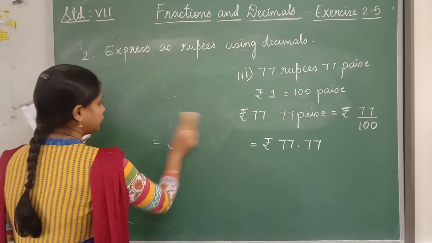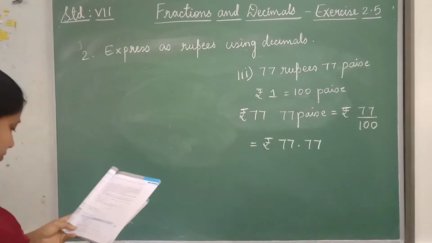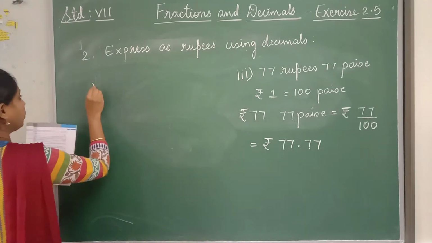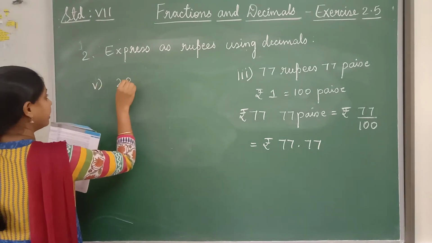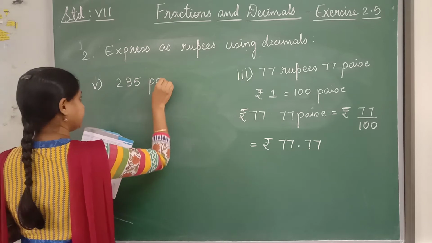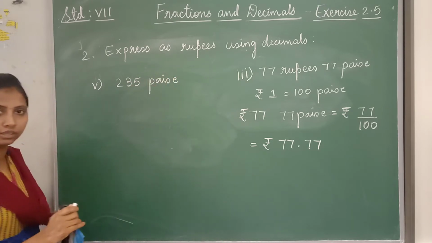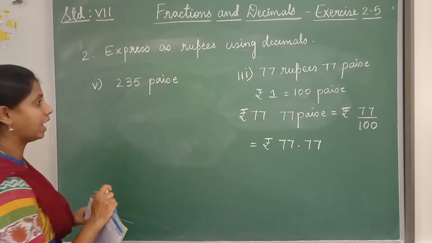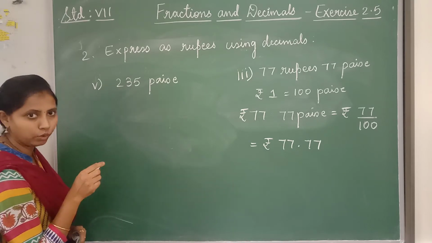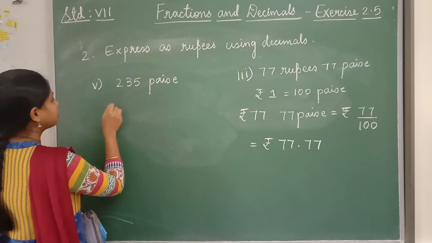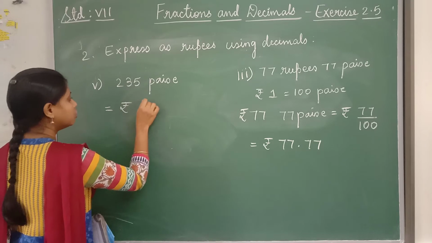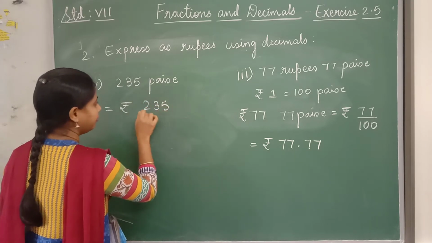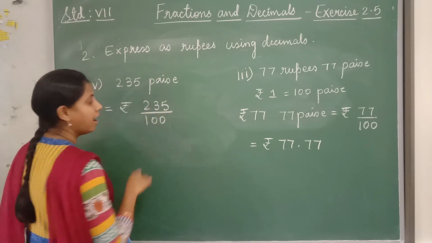One more example I will show you. Fifth one, 235 paise. How will you convert this into rupees? As we know, 1 rupee is equal to 100 paise. So this will be nothing but rupees 235 divided by 100.